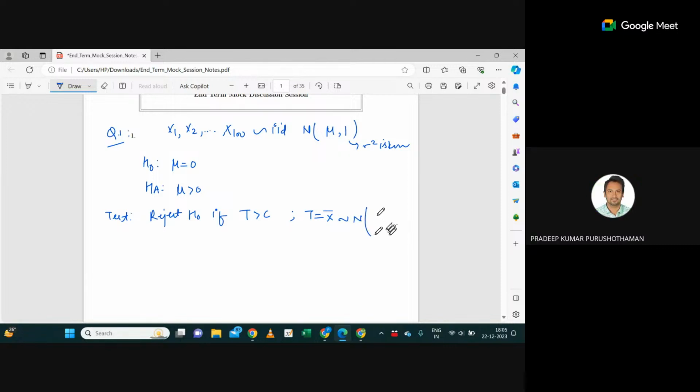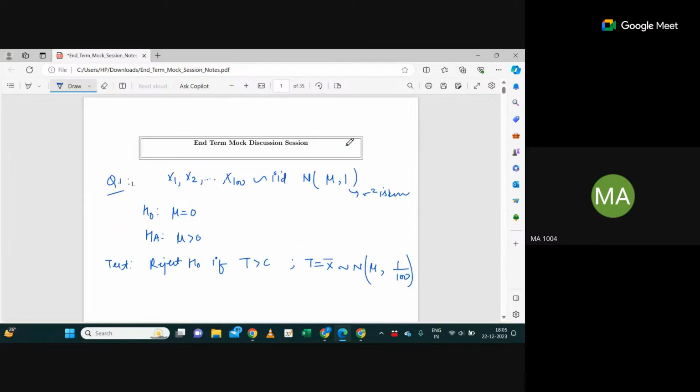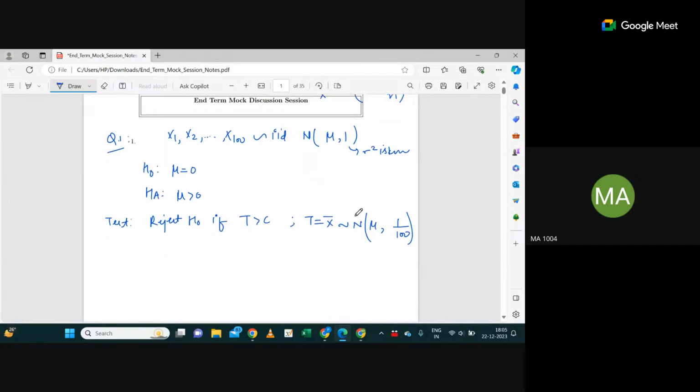Normal mu, 1 by 100. Correct, because if I have x1, x2, ..., x100 IID normal mu comma sigma square, then x bar will follow a normal distribution with mean mu and variance sigma square by n. Here sigma is 1, n is 100.